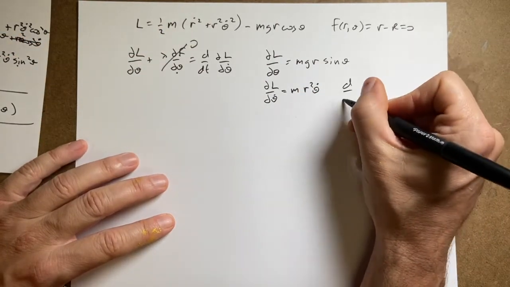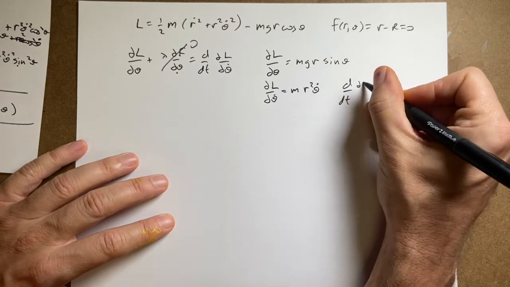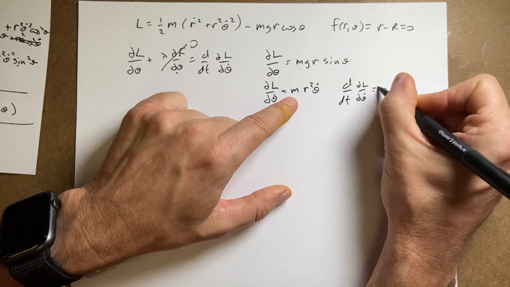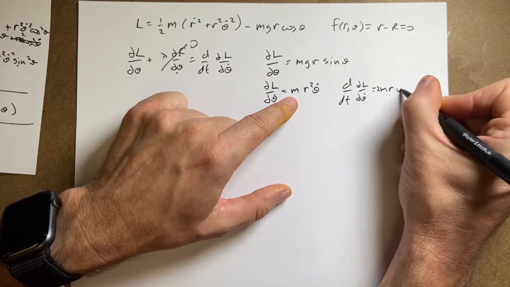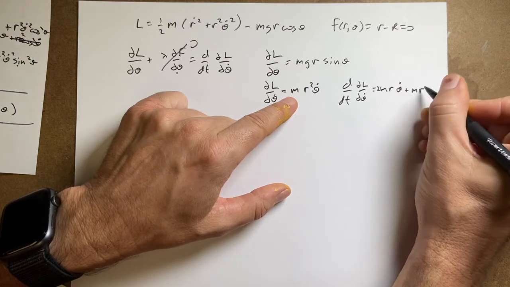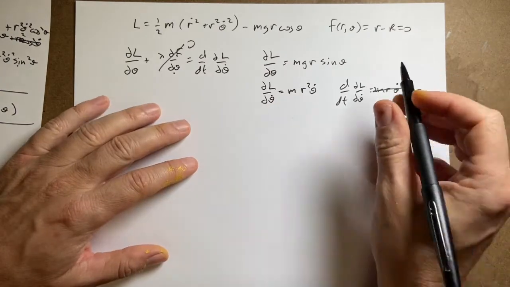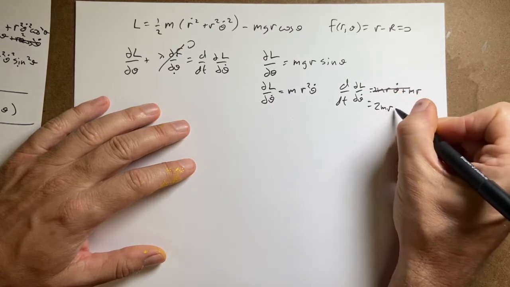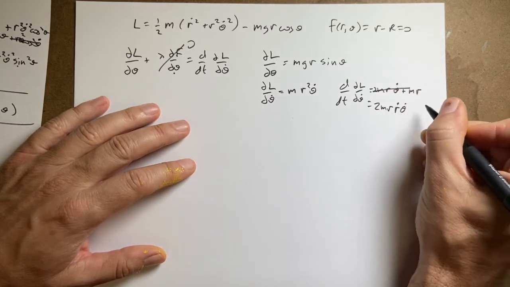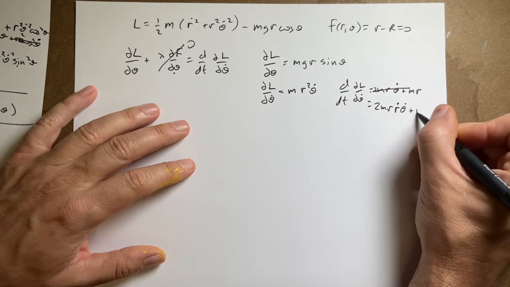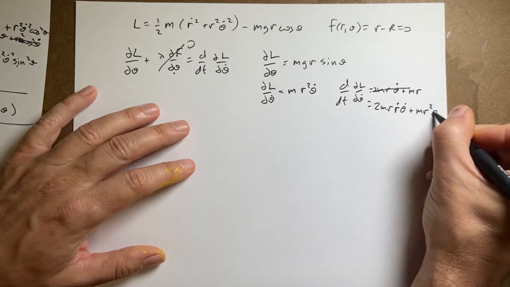So the derivative with respect to time of partial of L with respect to theta dot, I have 2mr r dot theta dot plus m r squared theta double dot, right?